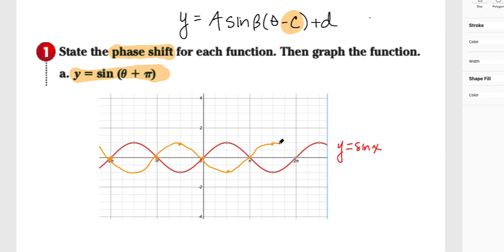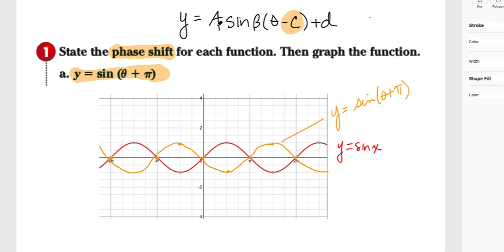If you like this technique of grabbing the sine graph so you can compare, you can do this as well when you are preparing for your homework. You can clip a picture in Desmos, which is where I got mine. So this is y is equal to the sine of theta plus pi.